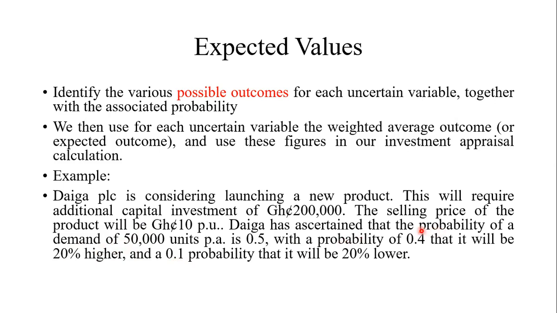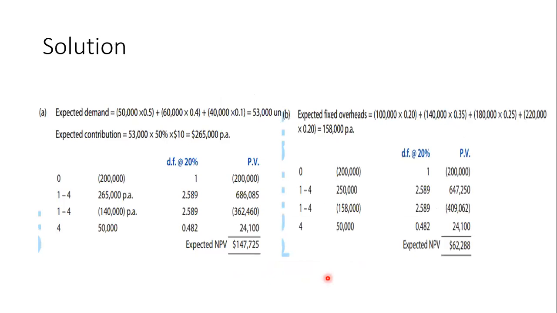So at a probability of 0.4, we are having 60,000 units per annum. And a 0.1 probability that it will be 20% lower. 20% lower, 0.2 times 50,000 units, that is 10,000. So 50,000 less 10,000, that is 40,000 units.